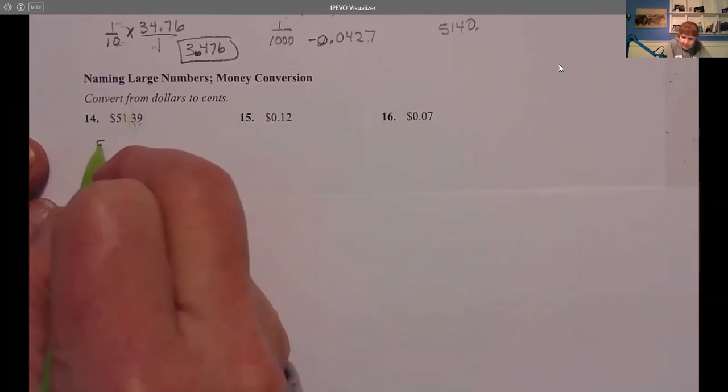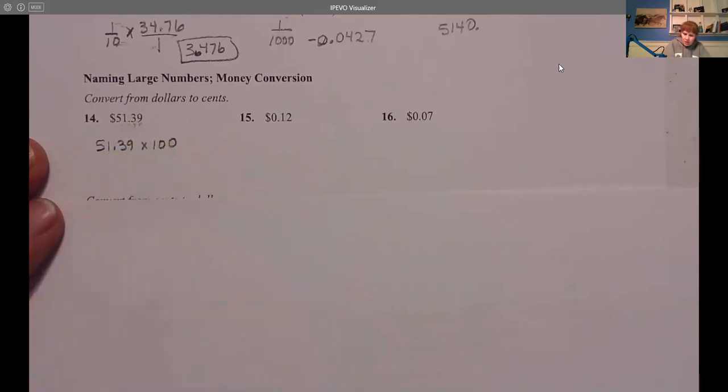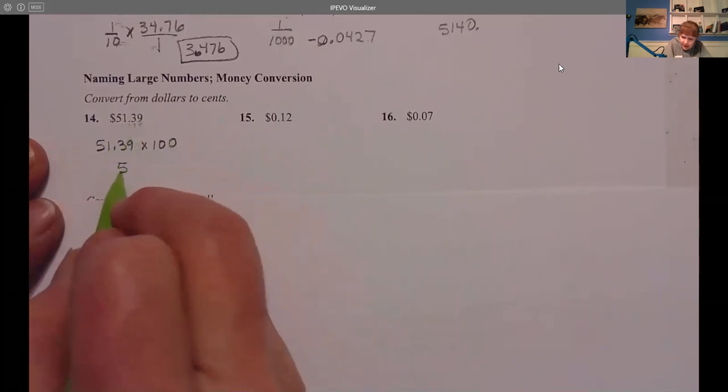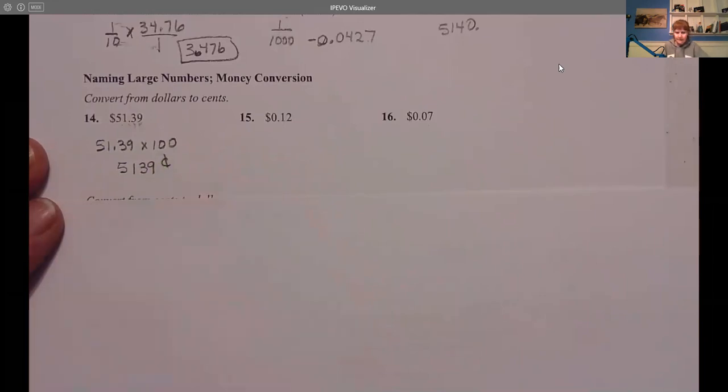So you're going to take 51.39 times 100. So this gives us 5,139 cents. All right. We usually put the cent sign afterwards. So my math, I do that. Okay. That's all there is to it.